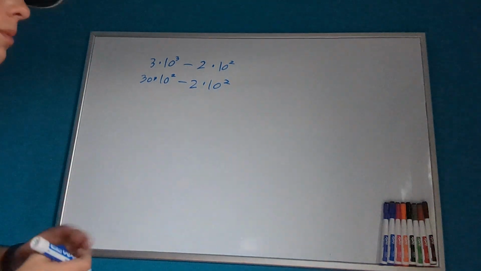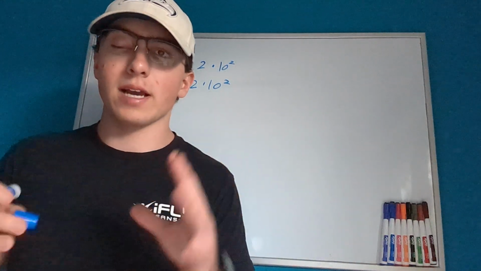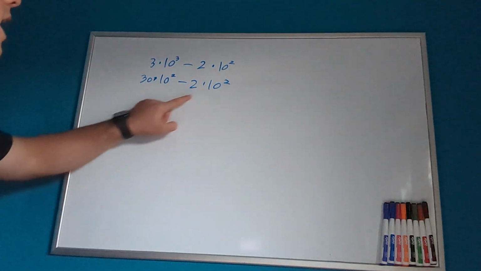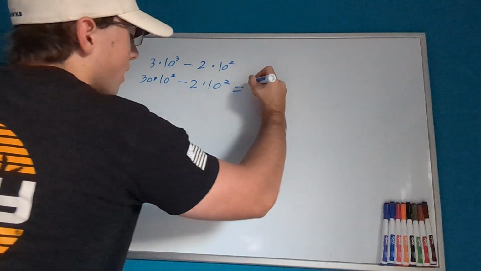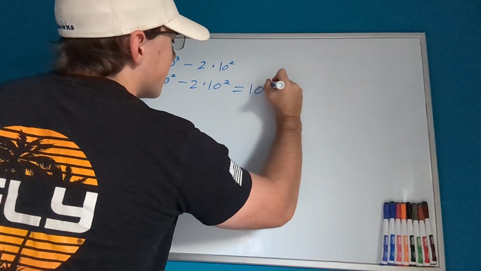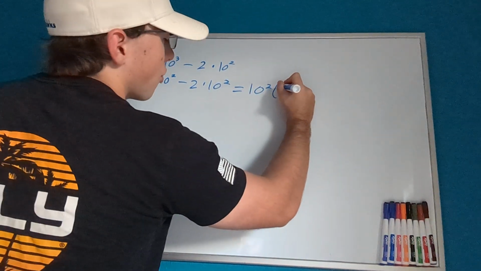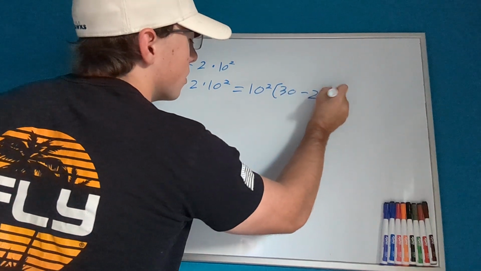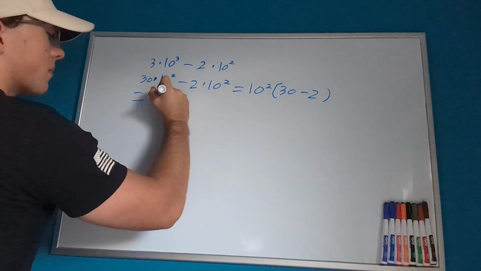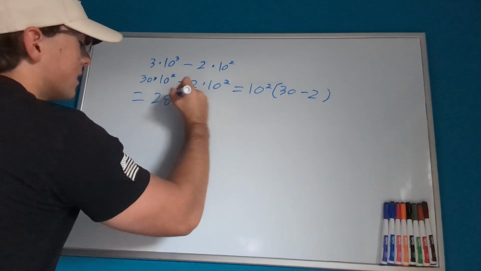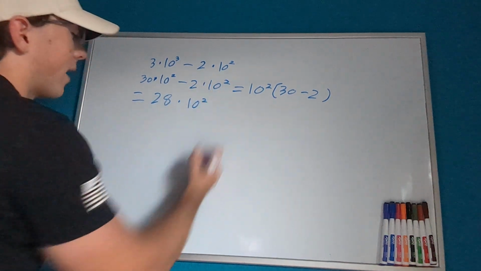Then, just like we would subtract 3x minus 2x, we're just going to subtract these two parts from each other and leave the 10 squared. Or another way we can think about it is factoring out the 10 squared, right? And we get 30 minus 2, okay? So then from there, we just get the 28 times 10 squared.